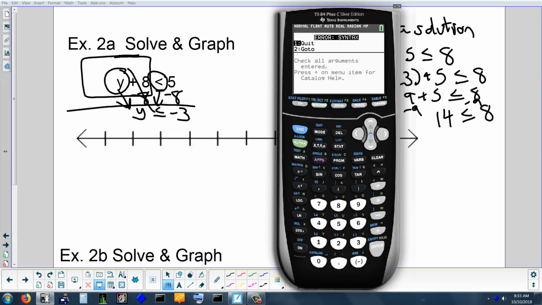If I do 5 minus 8, I'll be good. All right. So whenever you have a minus in between two numbers like this, you don't want to put negative. You actually want to put minus, or it won't work on the calculator. Some people may already know that. I just wanted to show you guys.